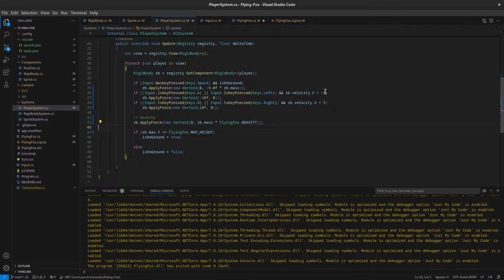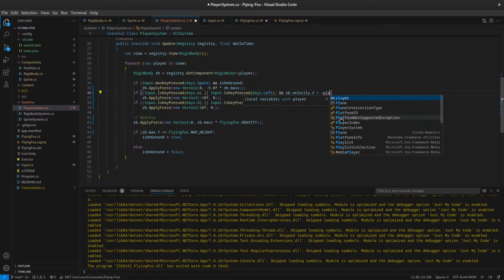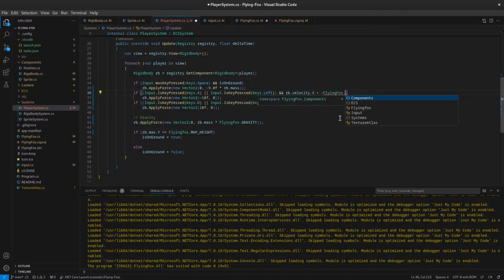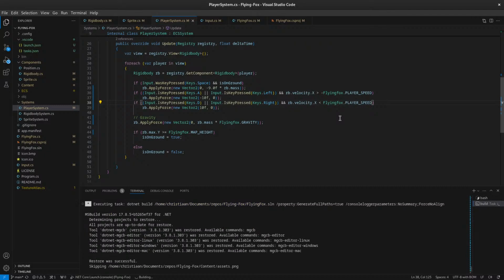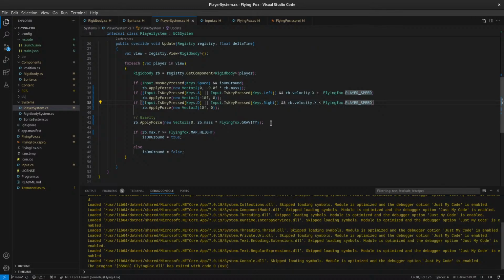So we're just going to say player speed, and here as well, and put player speed. Now we can just change the variables easier and actually set it somewhere here and just play around with the actual variables.